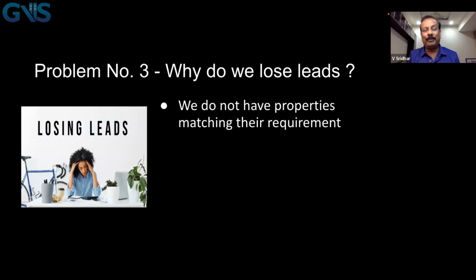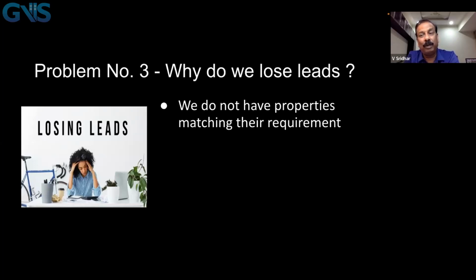Now, what injustice has happened to this buyer? Why did the developer's team not inform him about the graveyard? He will not. Why? Because he wants to achieve his target. He will never say anything negative about the property.